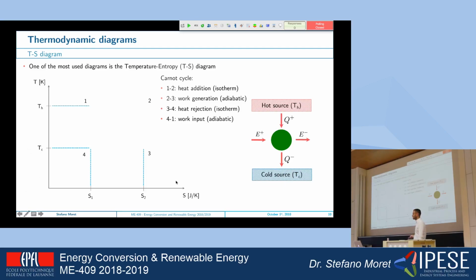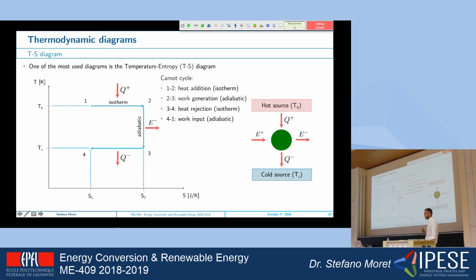The Carnot cycle works like this. First, we have a heat addition, an input of heat at constant temperature, so an isotherm, which means same temperature, at temperature high, so at the highest temperature. In the second part, we generate work through an adiabatic expansion. Adiabatic means that there is no heat exchange, so only work, and it is also isentropic because we have the same entropy on this axis.